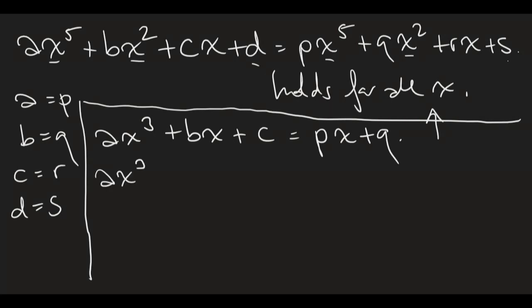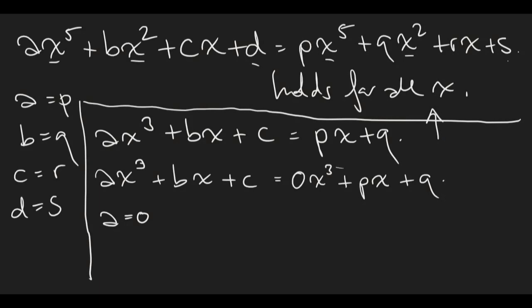You could say ax to the 3 plus bx plus c equals 0 x to the 3, because we have no x to the 3 term here, so we have a 0 x to the 3 implied, plus px plus q. Then we can equate the coefficients. We can say a is equal to 0, b is equal to p, and c is equal to q. So that too is an algebraic identity.